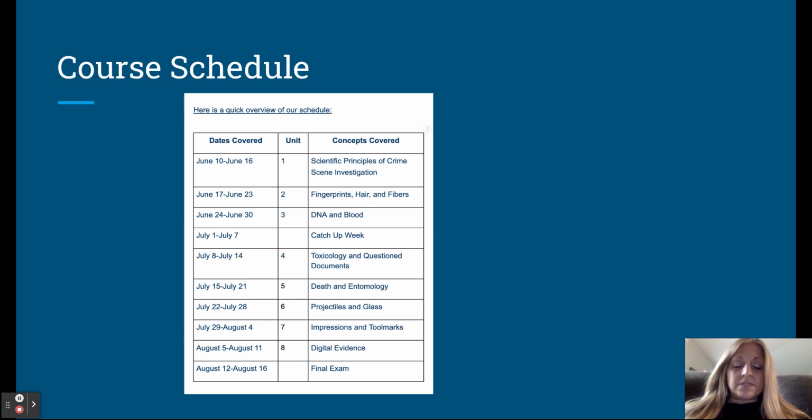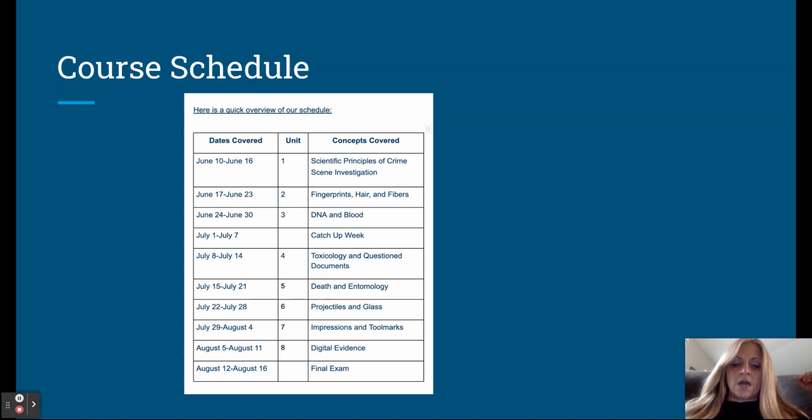Some different topics that we'll be going through: learning the basics of crime scene investigation, how they collect fingerprints, how they analyze hair and fiber samples, what we can know about DNA and what that tells us, and how we use blood to identify a criminal.